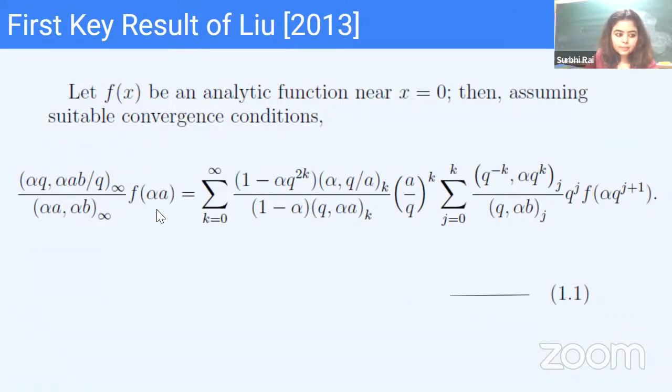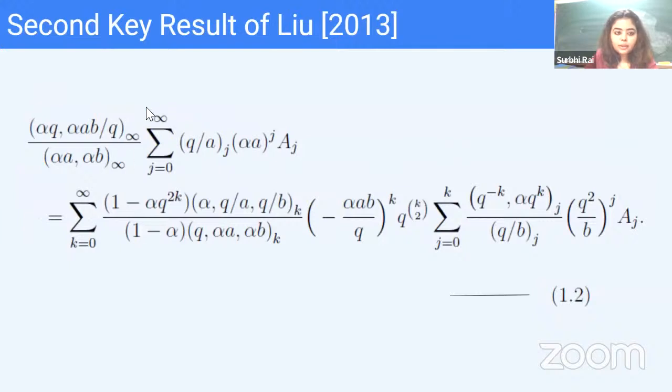For instance, for this particular one, he replaced f with the summation. Here again, a_j is a complex sequence, and we obtain this particular summation formula by simplifying the previous one. And as before, this result too contains many q-transformation formulas as special cases. We will look at a few of them soon.